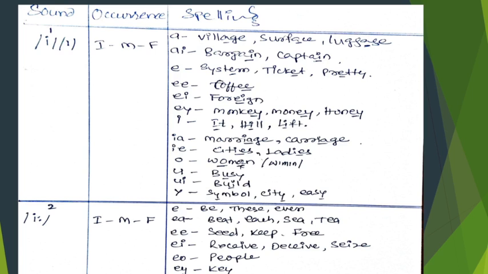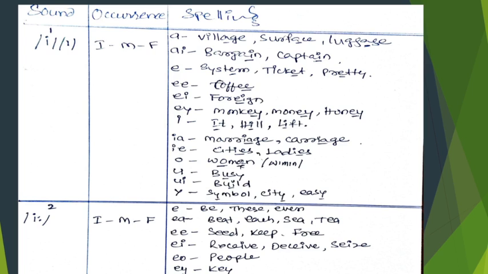Now the letter o is also giving i sound in words such as women, that is women, and u is also giving i sound.